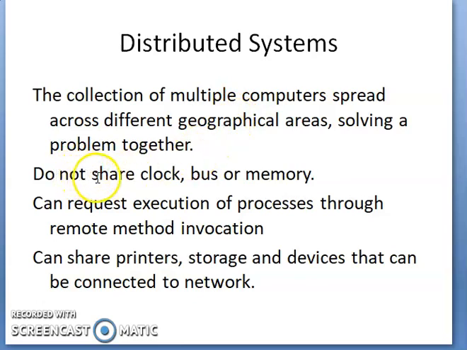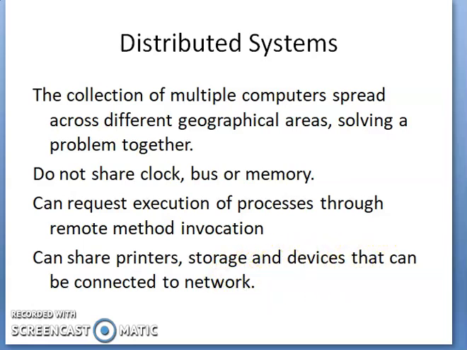Now in distributed systems, we do not share the clock, bus or the memory. Then we can request execution of processes remotely using the remote method invocation, which is there in all the modern languages. These systems can also share the printers, storage and devices that can be connected to the network.